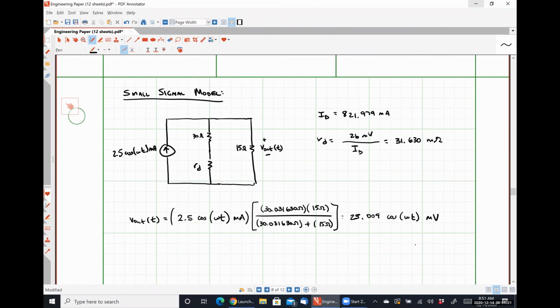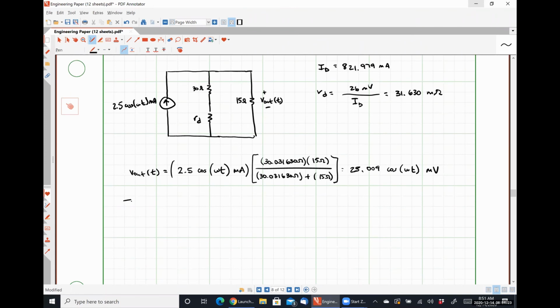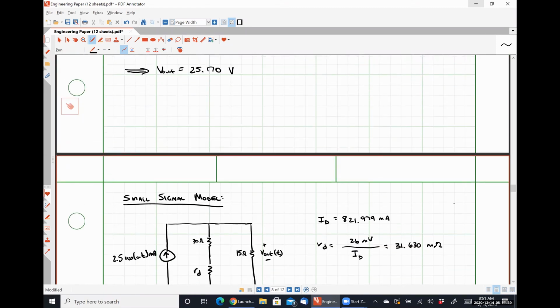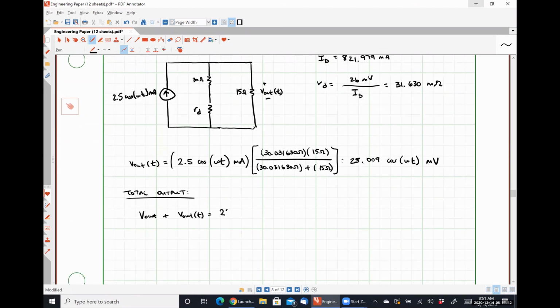So our total output is 0.170 volts plus 25.009 cosine omega t millivolts.